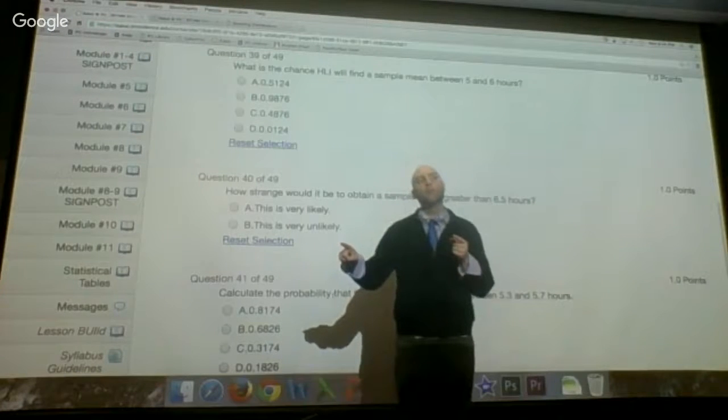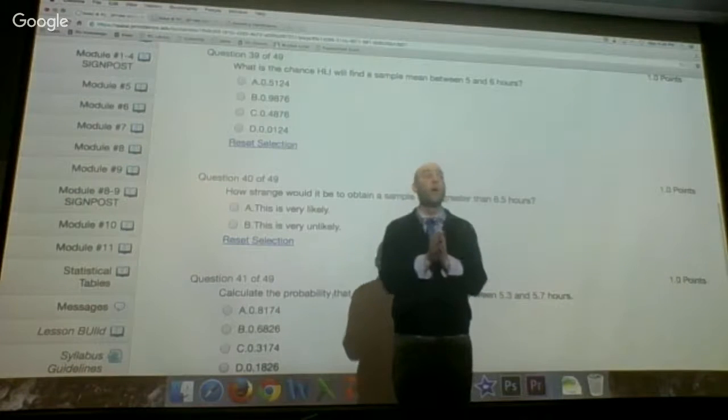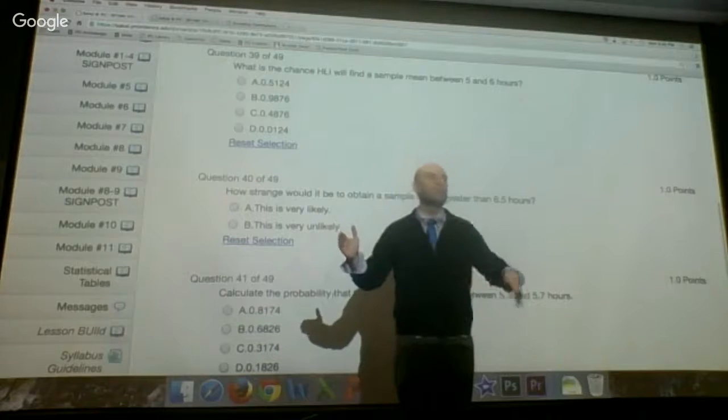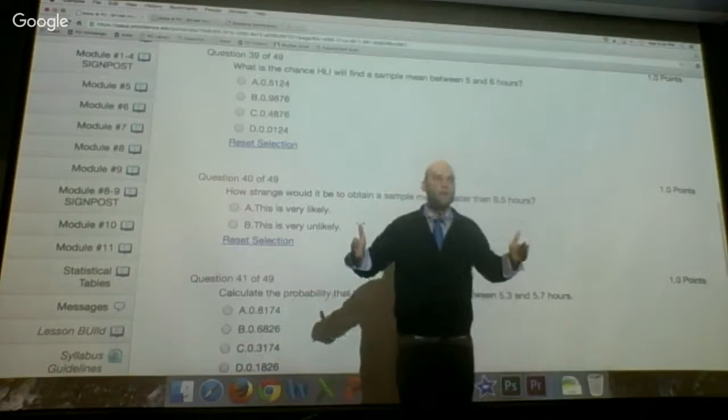0.2, and 0.2 is also in this problem known as? Yeah, it's the standard error. So we're going one standard error unit below and one standard error unit above the mean which is given to us.